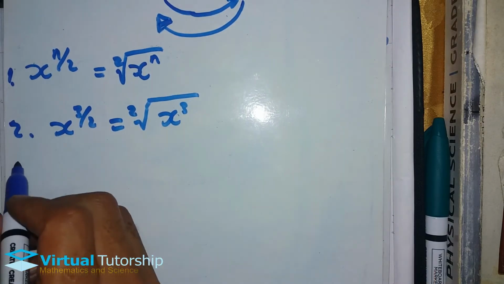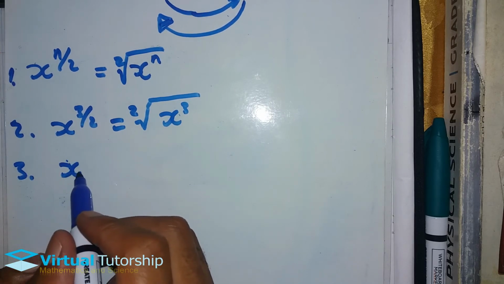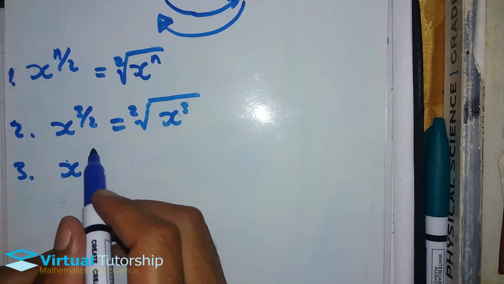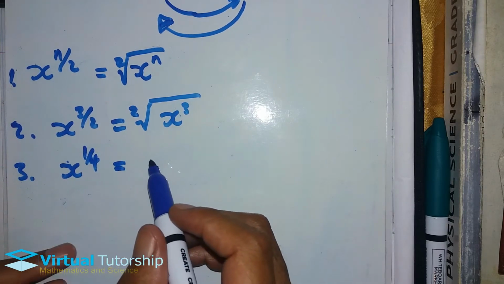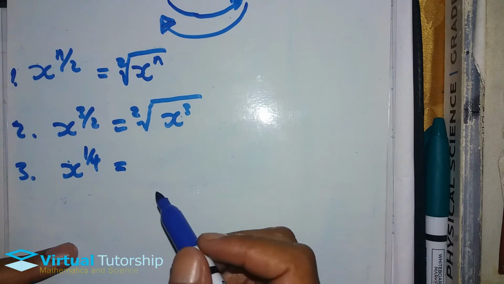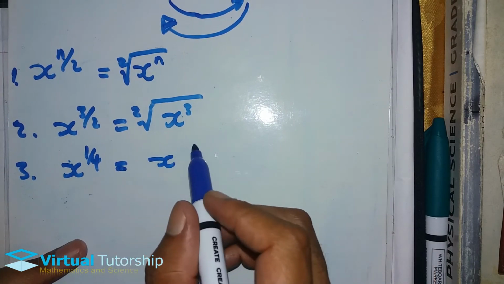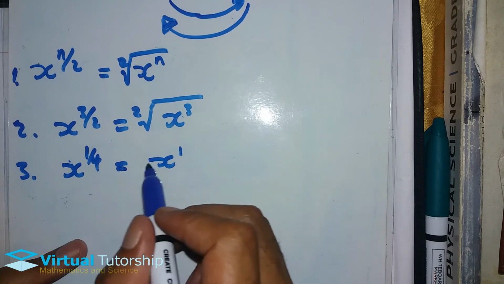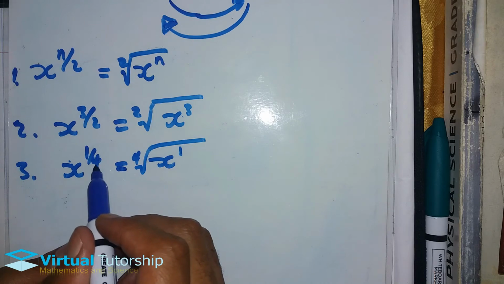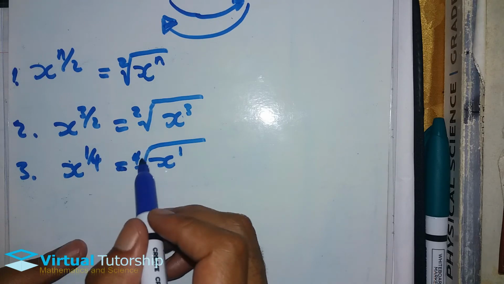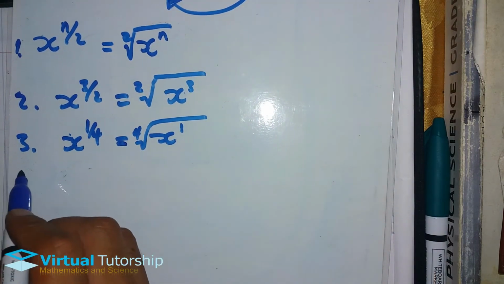Another one, let's say x exponent 1 over 4. It's the same thing as the 4th root of x. Remember, the denominator is the n value for the root, the denominator in a fractional exponent.